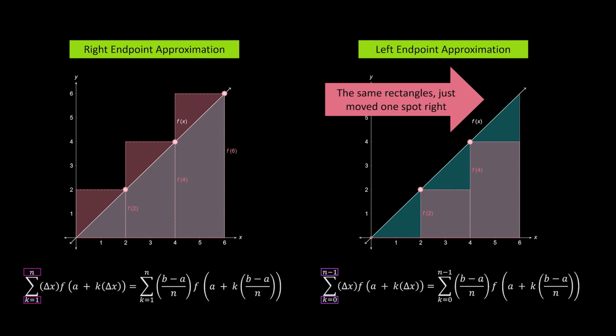So we only wanted to go 1, 2 widths over. We wanted to go 1 less width over. If we had 3 rectangles, we only wanted to go 2 widths over to get that last height, okay? Now, the left endpoint is exactly the same formula, it's just changing where the index is starting and ending.